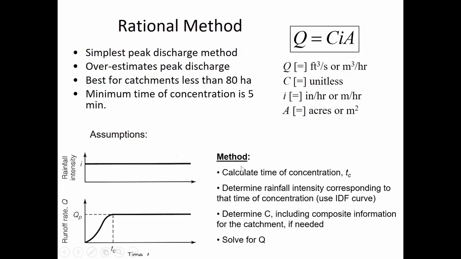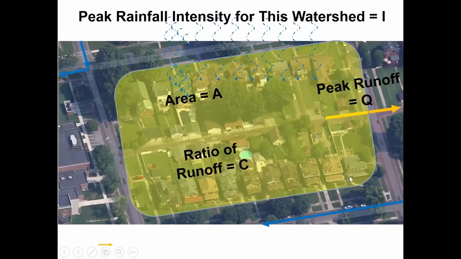The method that we'll follow in applying the rational method is, first of all, we have to estimate or calculate a time of concentration. And just conceptually, the time of concentration is when I was talking about how long does it take for water at the furthest boundaries of the watershed to get towards the outlet.